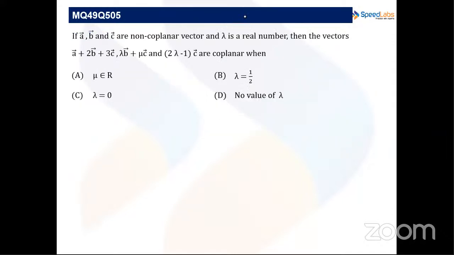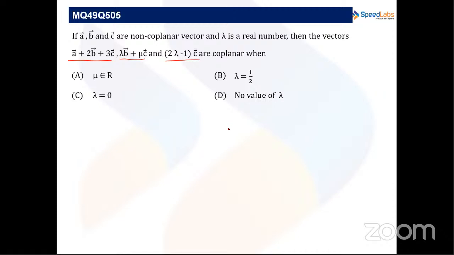We are given A, B, C are non-coplanar vectors and lambda is a real number. Then the vectors A plus 2B plus 3C, lambda B plus mu C, and (2 lambda minus 1) C are coplanar.